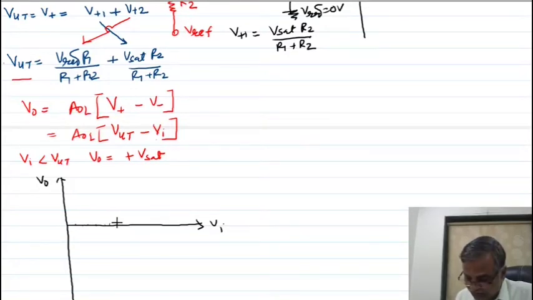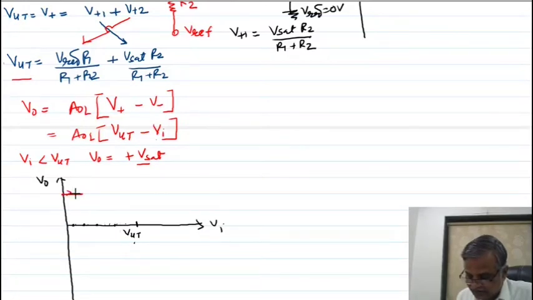Suppose VUT is here. As Vi is at this value, when Vi is less than VUT, your output is plus Vsat. I am showing you plus Vsat is this.